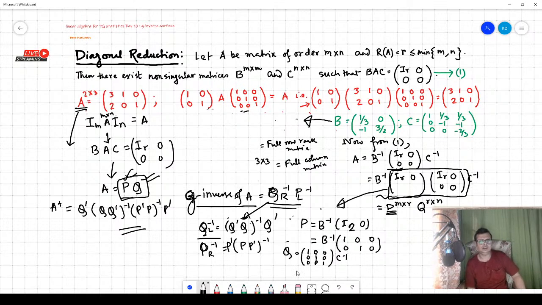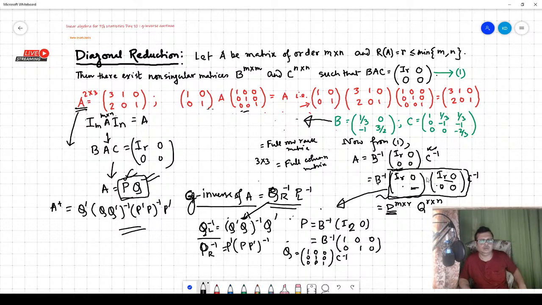So if you have any doubt, please tell me. So for this particular example, we break this I_R 0, 0 into these two parts. So depending on the order of matrix B inverse and C inverse, we write this matrix as a product of two matrices, and order of these two matrices depend on the order of B inverse and C inverse.